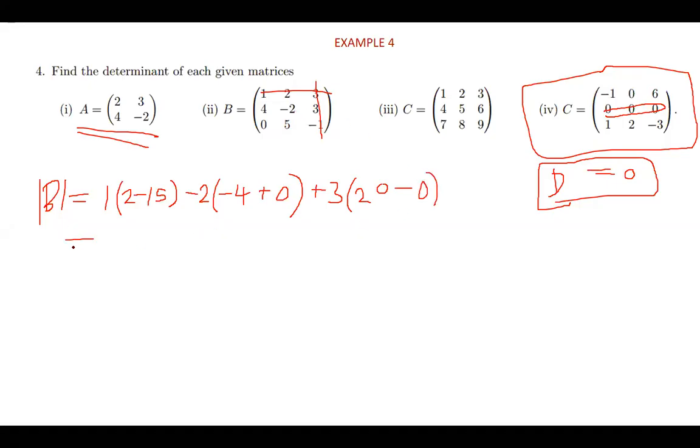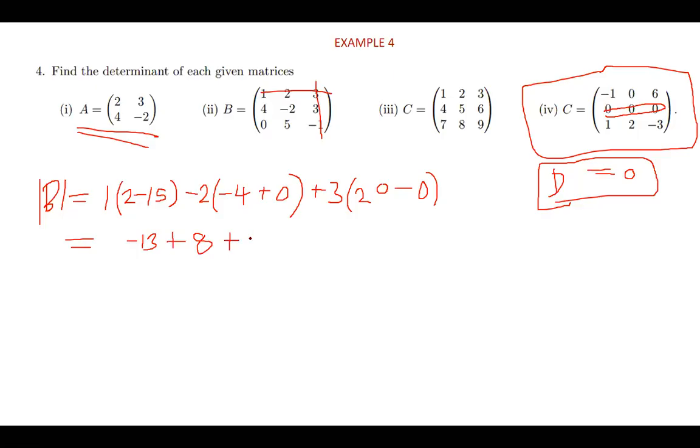So the determinant of B will be 1 times (2 minus 15), you get -13, times 1, you still get -13. And then we move on. This is -4 plus 0, it's -4 times -2, you get +8. And then here, 3 times 20 minus 0 is 20, 20 times 3 is 60.